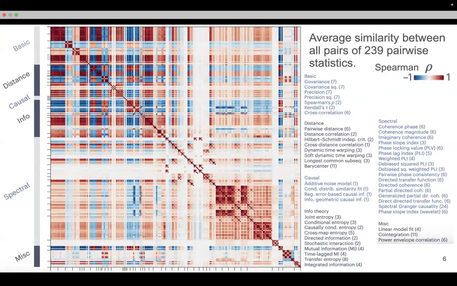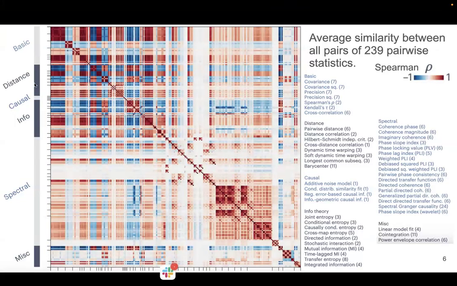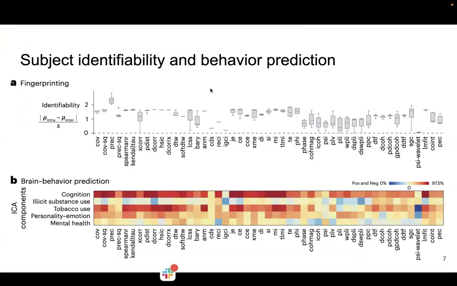Yeah, it allows you to compare how similar different FNCs are, but not much more. The next result, I think, is more interesting. They wanted to test if different methods can be used better or worse for subject identification and behavioral prediction.